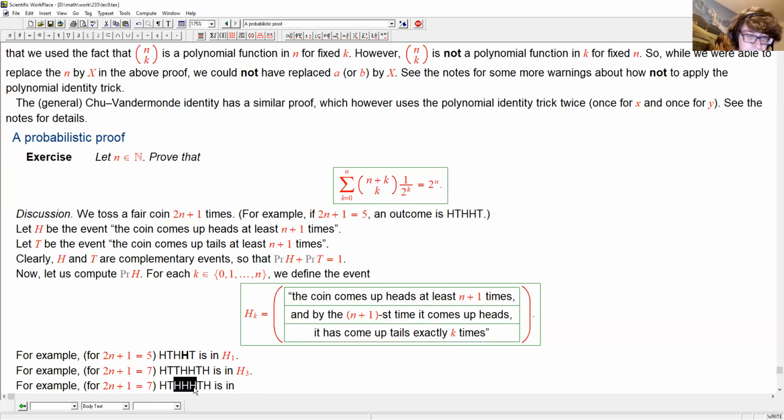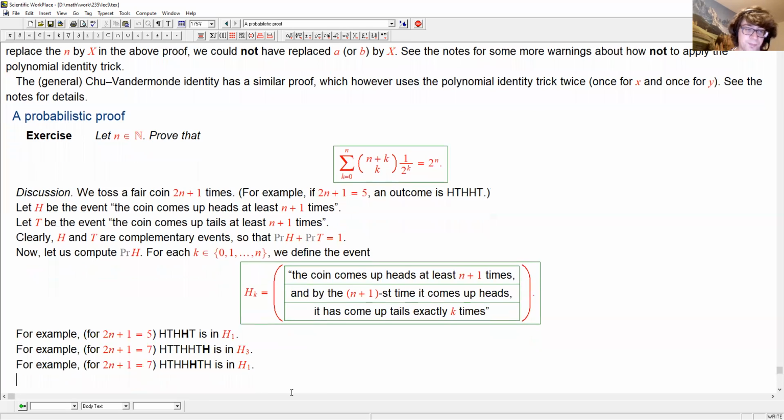So heads comes up 5 times, which is at least 4 times. So you're in h, but which h? Well, by the fourth time heads has come up, you have had only one tails, so h1. It doesn't matter that you have a tails afterwards. The tails doesn't matter anymore. Oh, and I should mark this h as the fourth h.